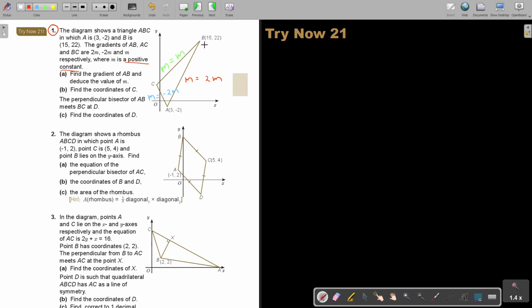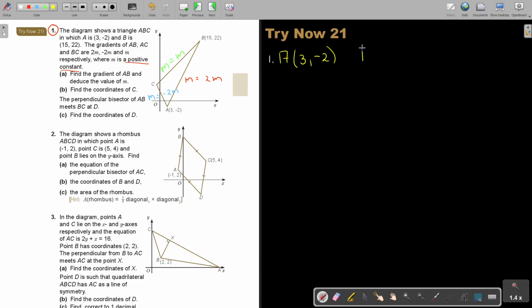So find the gradient of AB. Now I can find it because I have 2 points. Do you see there? If I'm going to find the gradient of AB, I'm basically just going to work out the gradient between those points. Let's start. I have A, which is (3, -2).